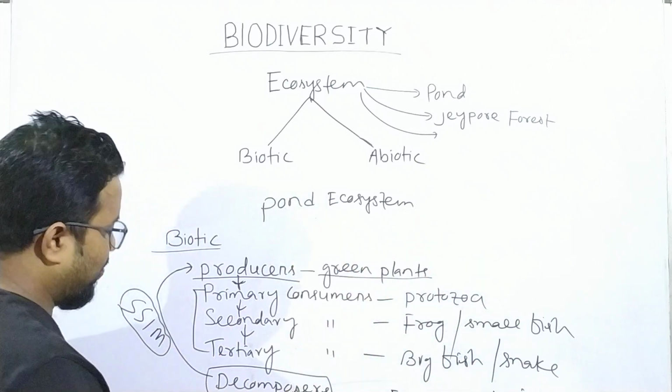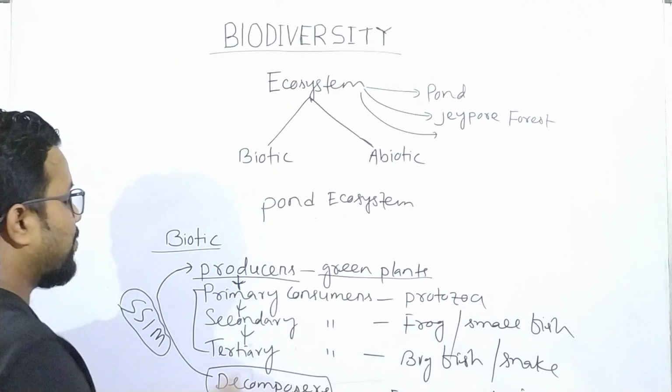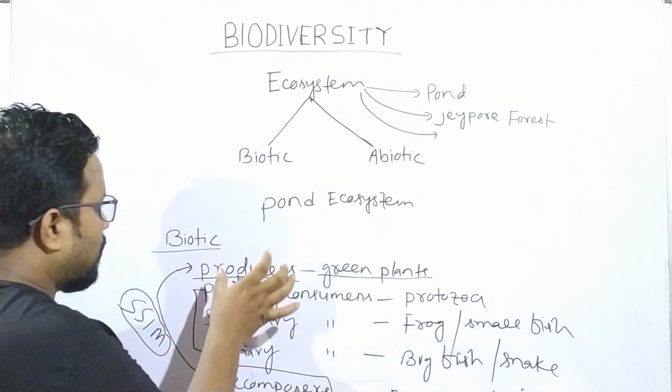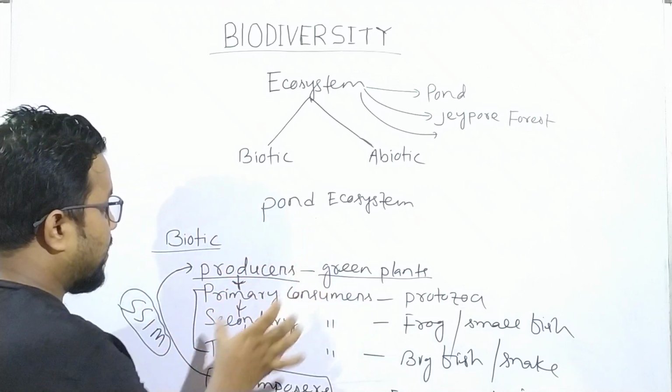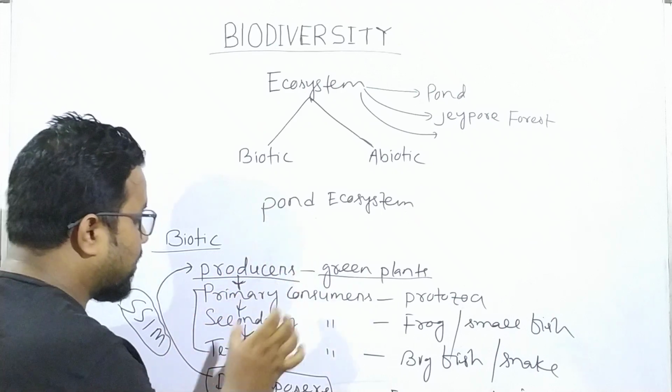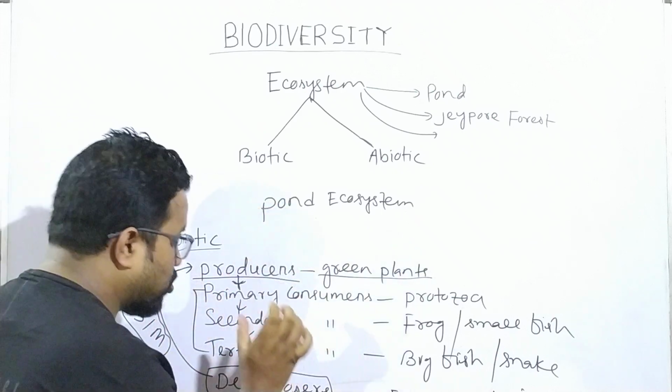In simple terms, producers are eaten by primary consumers, which are eaten by secondary consumers, which are eaten by tertiary consumers.